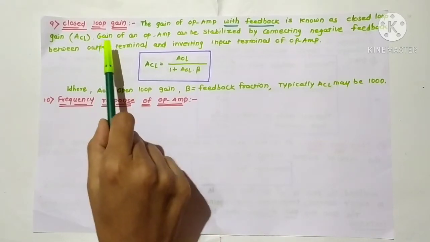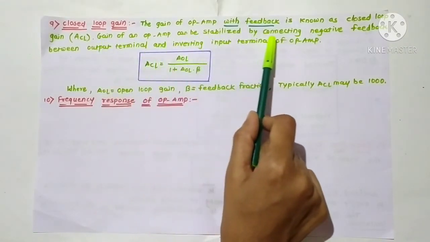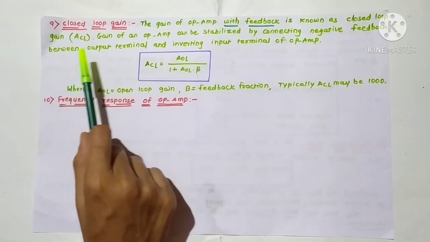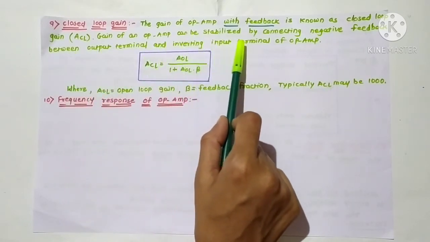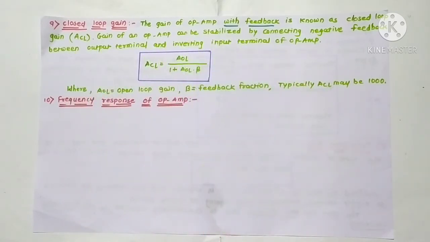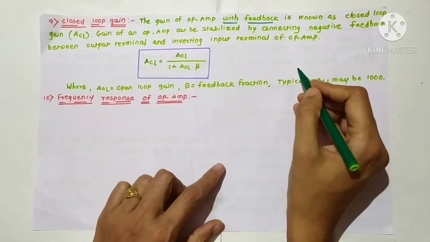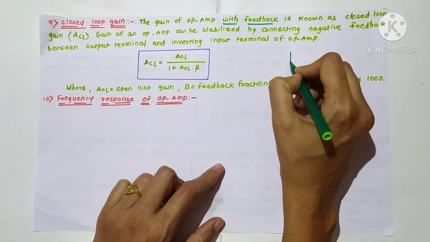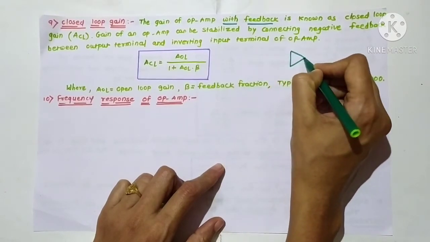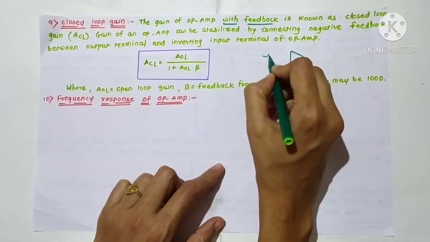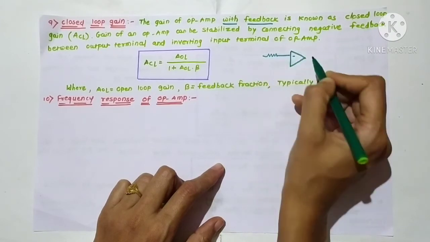The gain of an op-amp can be stabilized by connecting negative feedback between the output terminal and the inverting input terminal of an op-amp. We'll draw the diagram like this. Suppose this is an op-amp. This is the inverting terminal of an op-amp.